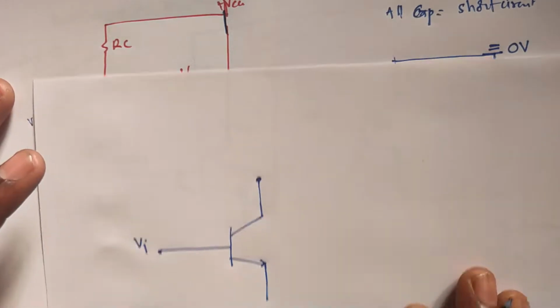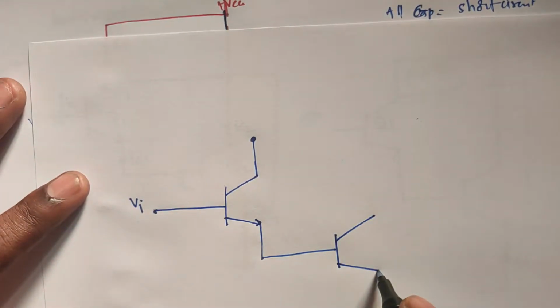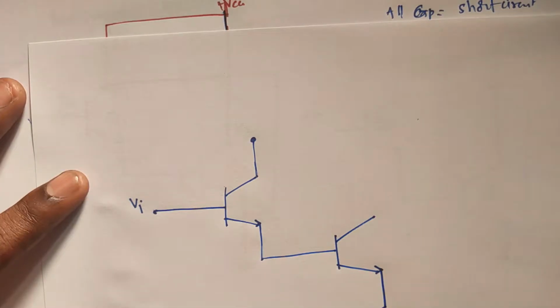This is my first transistor collector, which is connected to the second transistor input, and we have the internal input resistance small re, and we have a capital RE, that is the actual emitter resistance.